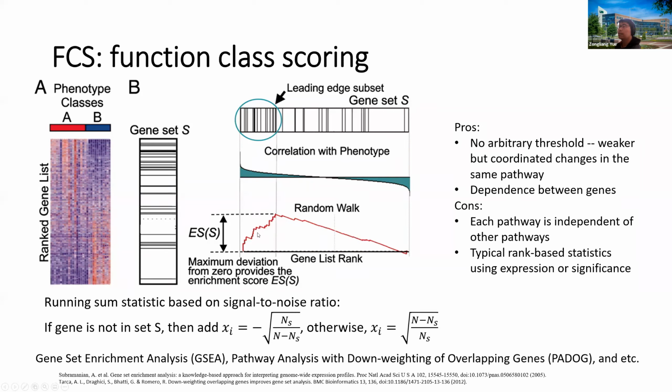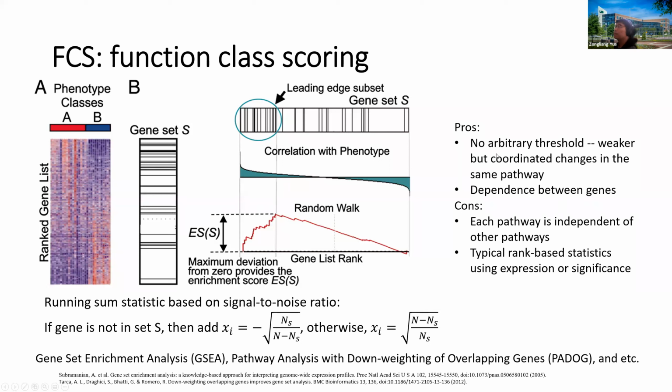If it is head-enriched, it will give a positive score. The most used methodology here is gene set enrichment analysis, GSEA, or variations like pathway analysis with down-weighting of overlapping genes, PAGE.